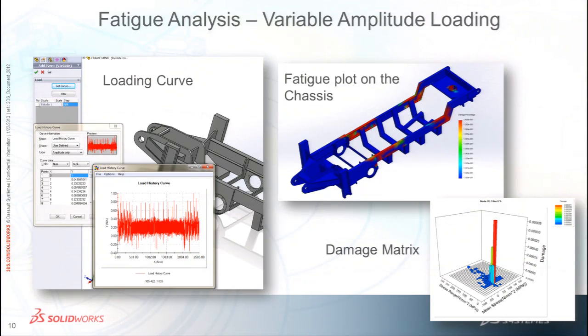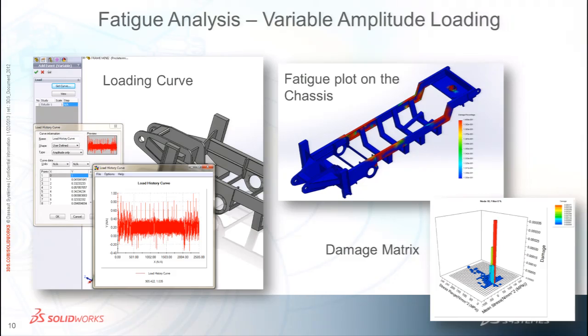Also, because this chassis is going over the ground, we need to run fatigue. In this case, we run a variable amplitude fatigue, because the ground doesn't follow a path, it's random.